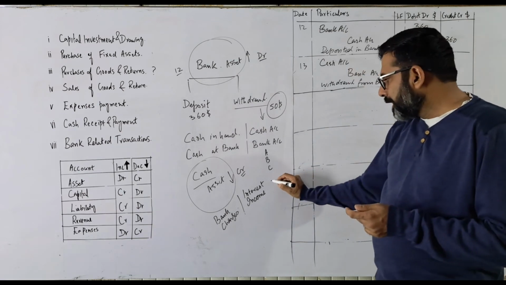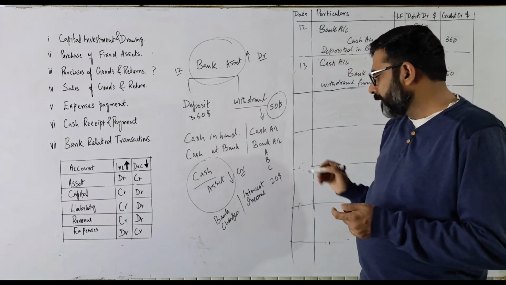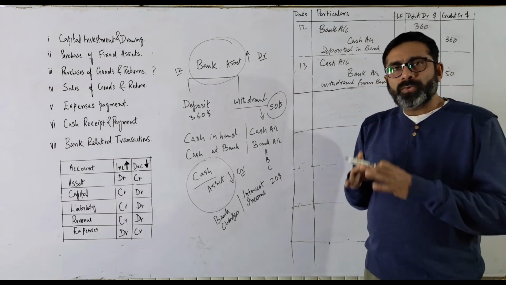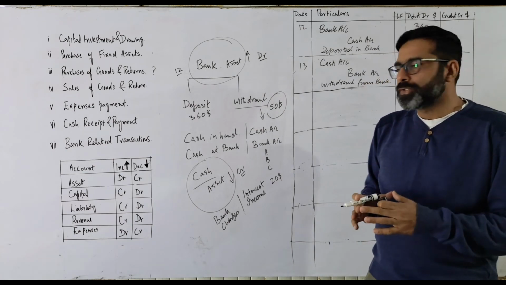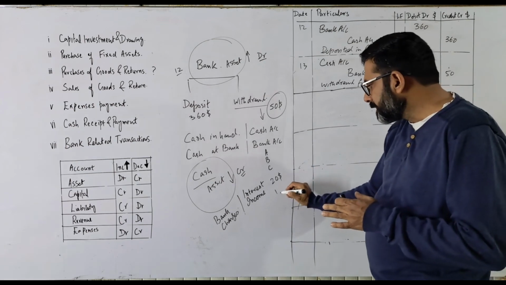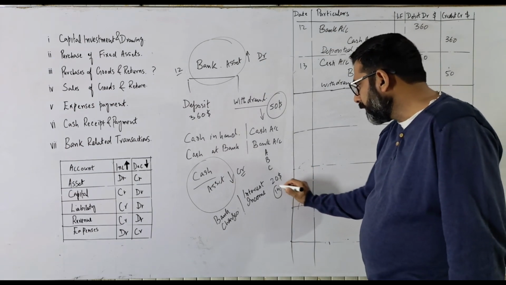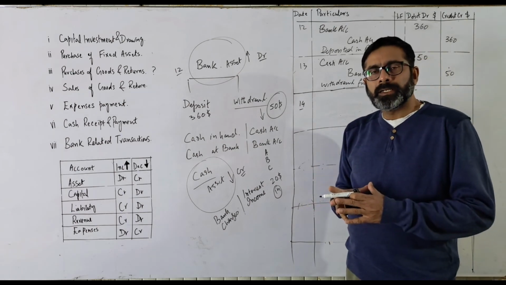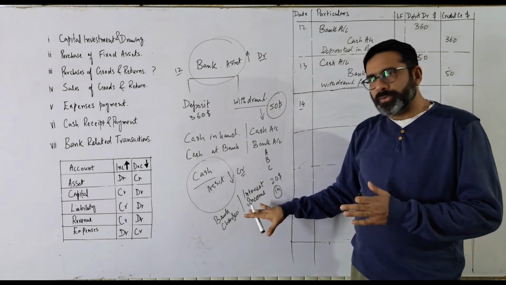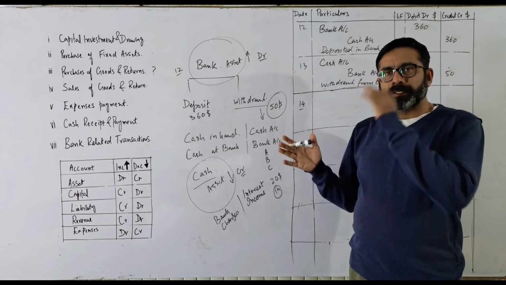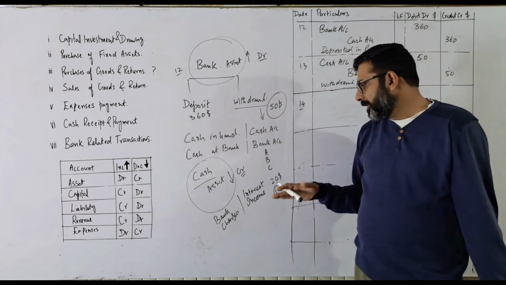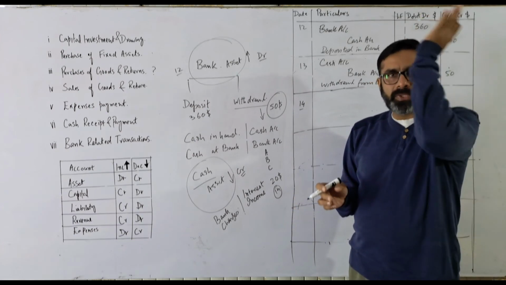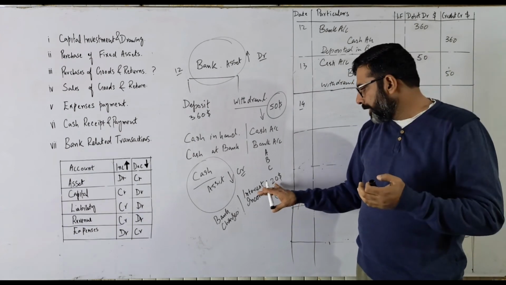Let's say the bank is giving you $20 interest. Now what is happening? The amount in the bank is increasing. So let's say it is transaction number 14. The bank has credited the $20 amount into your account because your balance was there for the last 6 months and there's an interest calculation of $20. So they just credited $20 into your bank account.